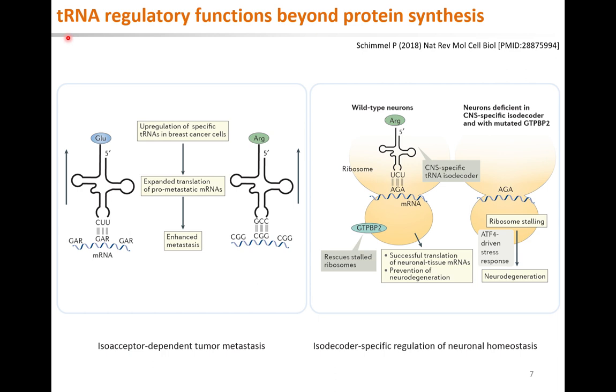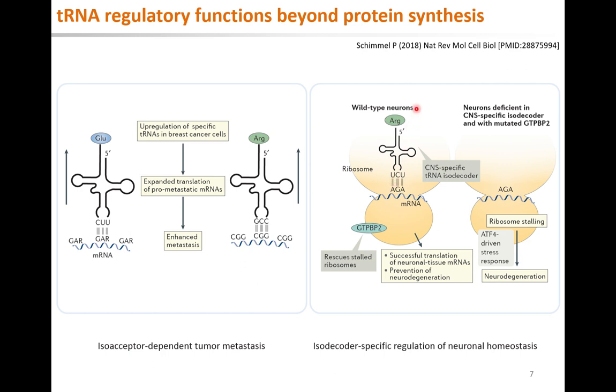In the figure on the left, upregulation of specific glutamic acid UUC and arginine CCG isoacceptors increases the pro-metastatic related mRNAs and leads to enhanced metastasis of breast cancer cells. In the figure on the right, an arginine UCU isodecoder, out of 5 isodecoders, is expressed exclusively in the central nervous system.